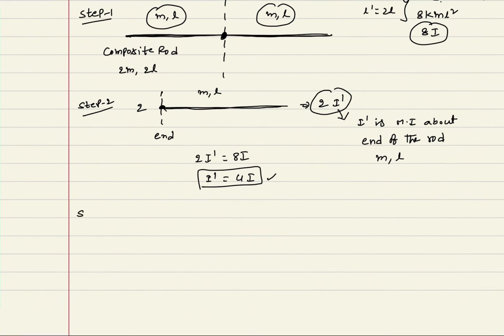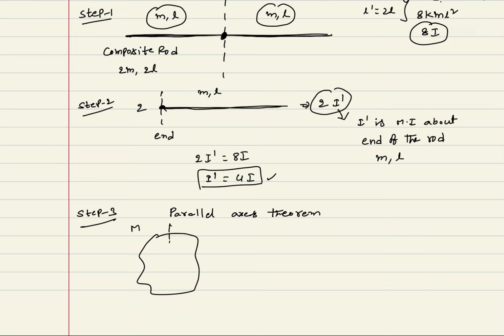Third step, step 3: I am going to use the parallel axis theorem. What is the parallel axis theorem? If you take any rigid body having mass m, and the axis passing through the center of mass of this rigid body is, let us consider, I CM.